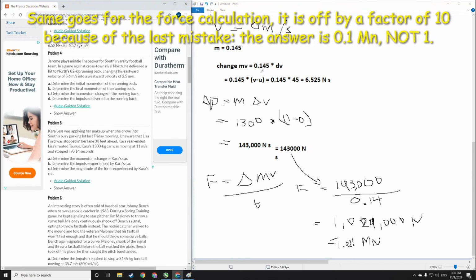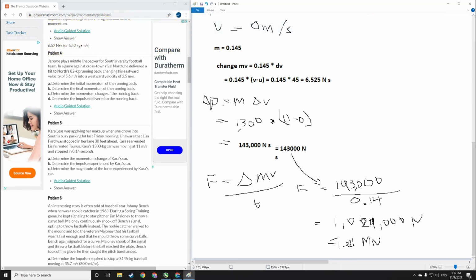So please make sure that you remember that momentum is in fact a vector quantity, right? And so we have to remember whether the answer is going to be positive or negative, because it can be both directions. So we have to remember that over here, Kara is decelerating, which means she's starting to go towards the opposite direction. So we do need to make sure that we put a negative sign to indicate that, right?